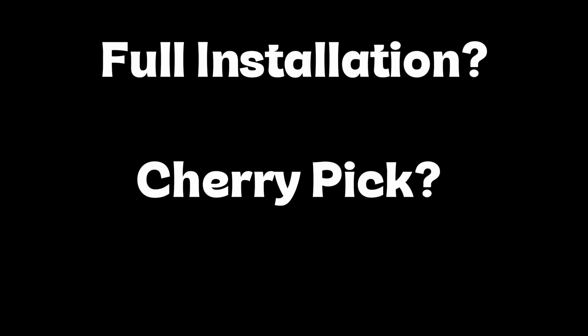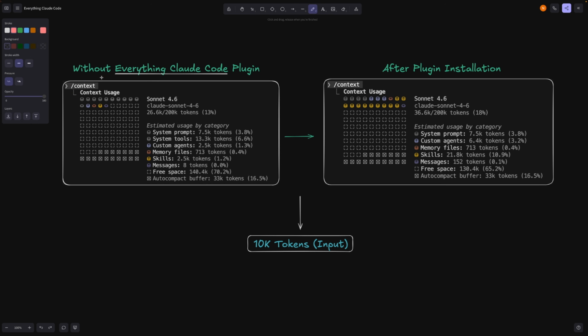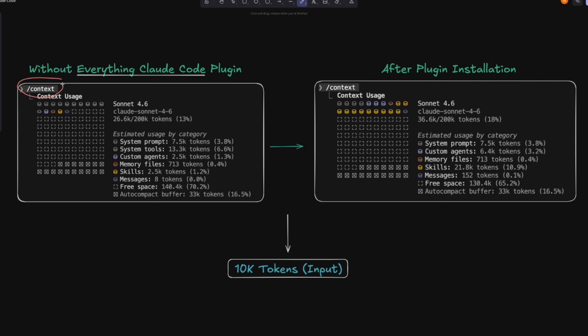But you are probably wondering if you should install the whole plugin or cherry pick the specific files you need. Installing such a big plugin can consume a lot of tokens. So to answer this question, I ran the context command before and after the installation. Before the installation, I had 26.6k, and after that, I had 36.6k.